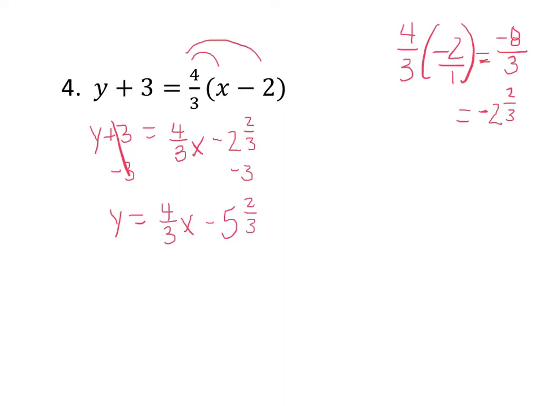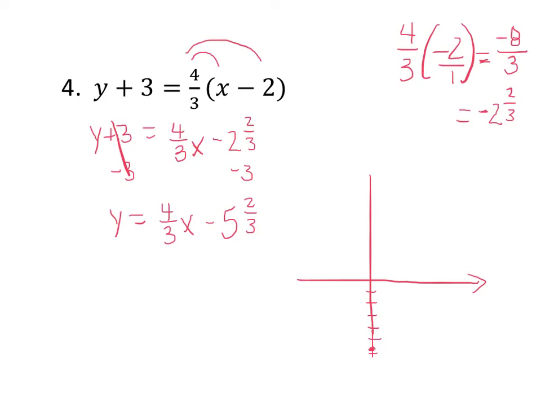Okay, so let's go ahead and graph this. We are going to begin with our b, which is negative 5 2/3. So 1, 2, 3, 4, 5. That's negative 5 2/3 would be almost to negative 6.